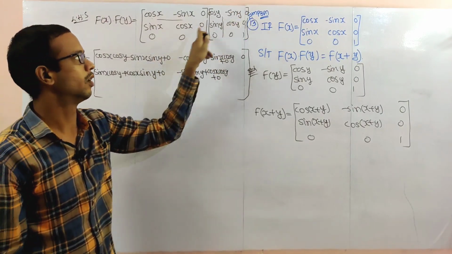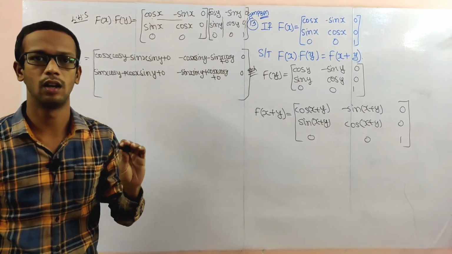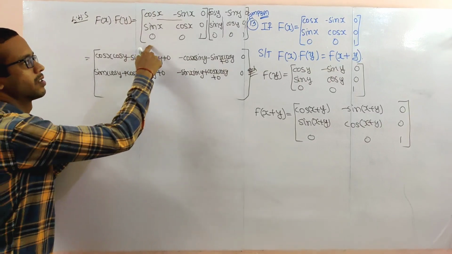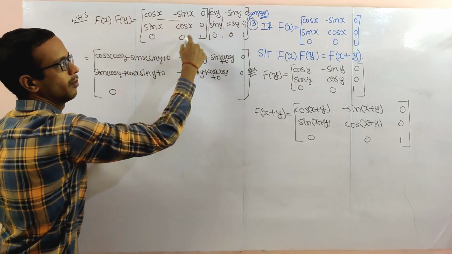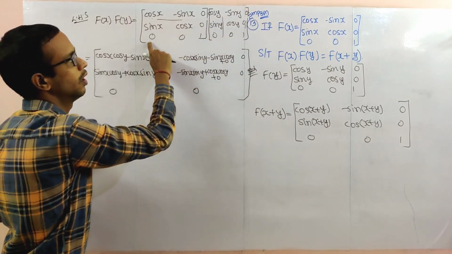Next 0, 0, 0. Total will be 0. Second row, third column element is 0. Next 0 multiply 0 multiply 0, total will be 0. Here also total will be 0.